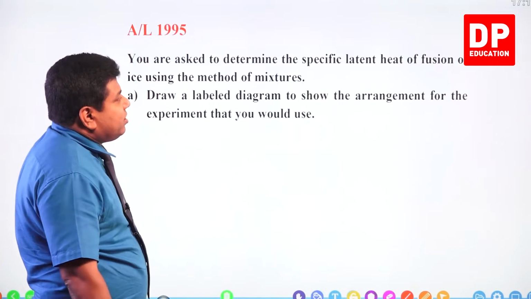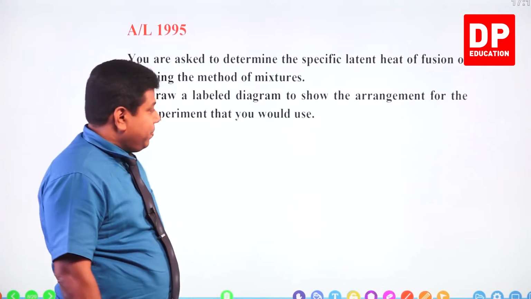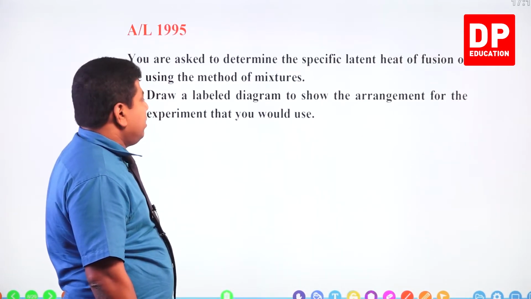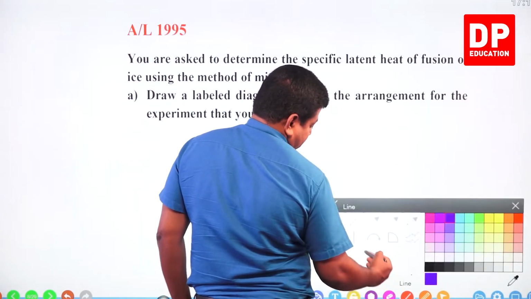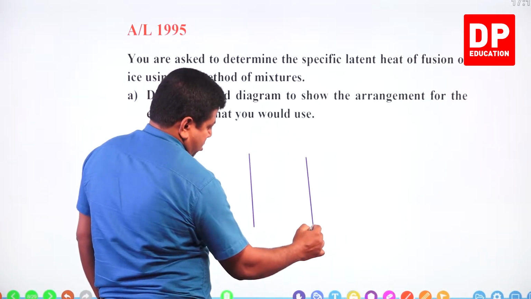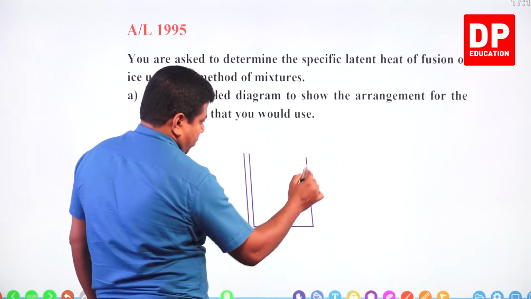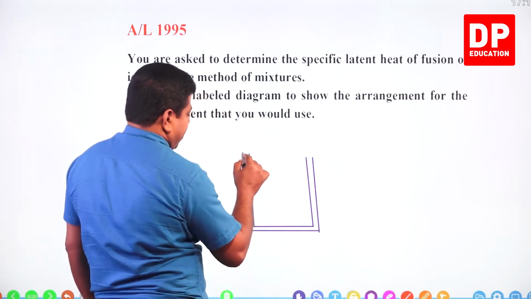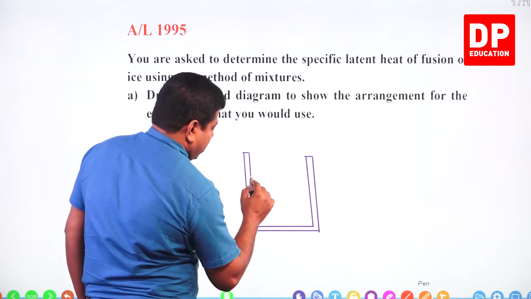You are asked to determine the specific latent heat of fusion of ice using the method of mixtures, which is what we did. Draw a labeled diagram to show the arrangement for the experiment that you would use. Very simple. Let's draw the calorimeter with lagging. Then water.